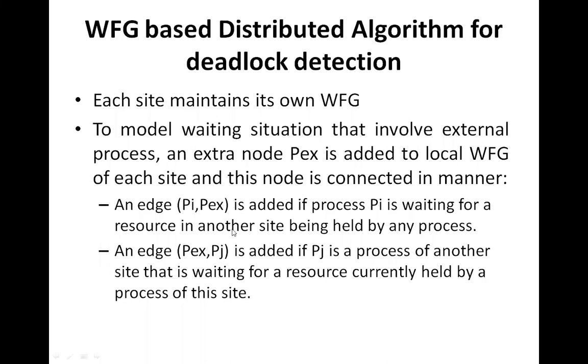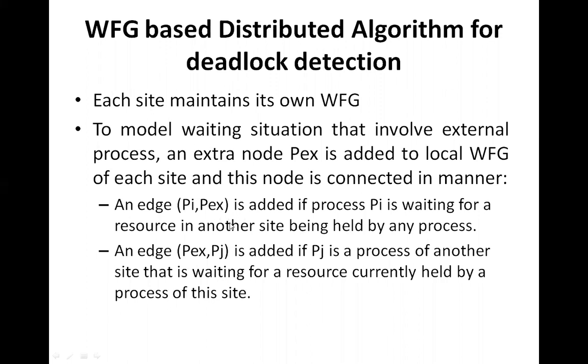There are two versions of that. The first one says that there is an edge from Pi to PEX, where PEX is the newly introduced node. An edge Pi to PEX is added if the process Pi is waiting for a resource in another site being held by any process.